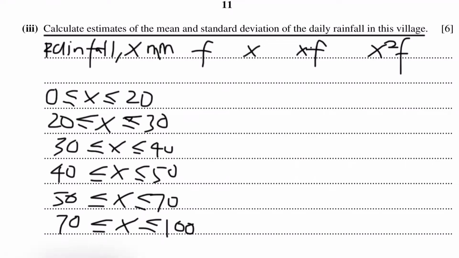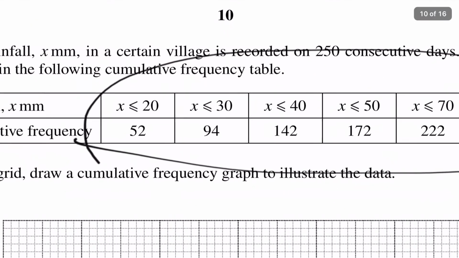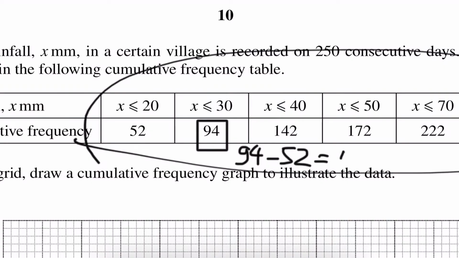So let's go back to the graph. In order to find the frequency of this group alone, you have to subtract 52 from 94. So you will have 42. So for the x smaller than or equal to 30, your value is 42. I don't want the cumulative frequency, I want the frequency only.